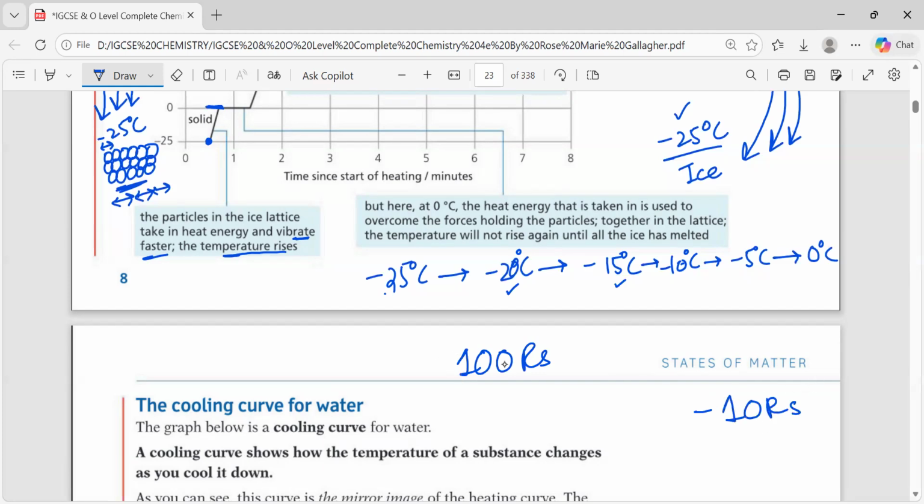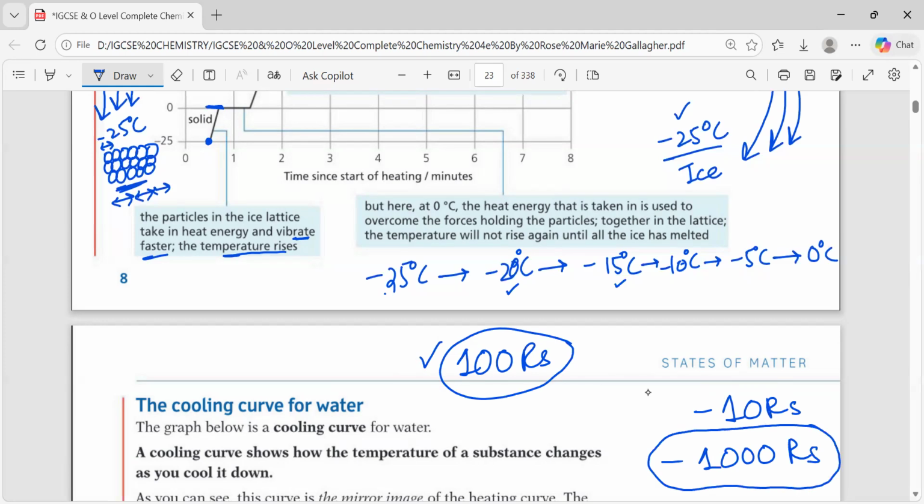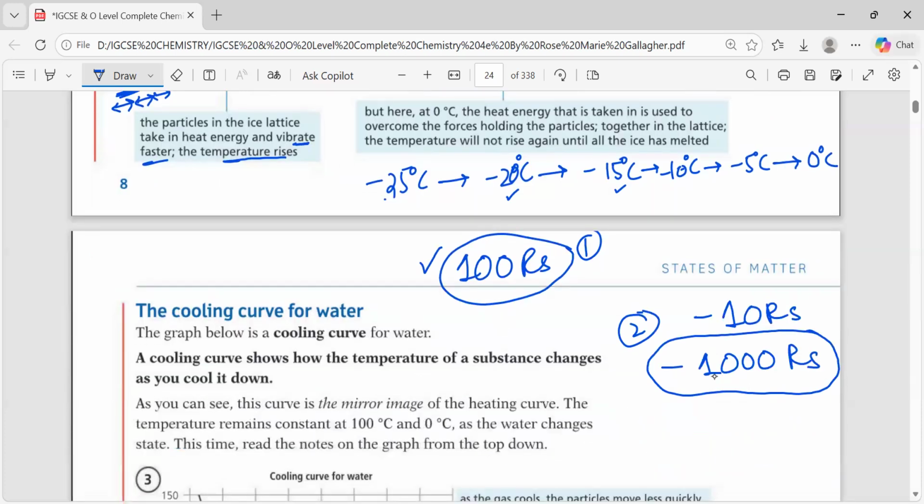Which one is more, 100 or minus 10? 100. And if a person has minus 1000 rupees, and you compare 100 and minus 1000, which one is more? 100 rupees is more. So this is what I am saying: the more negative value means it is less value.